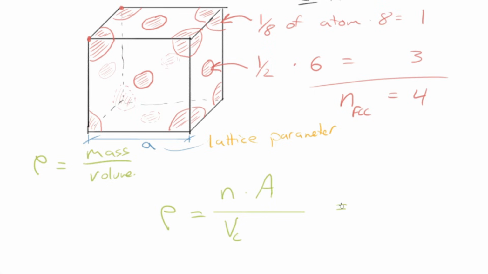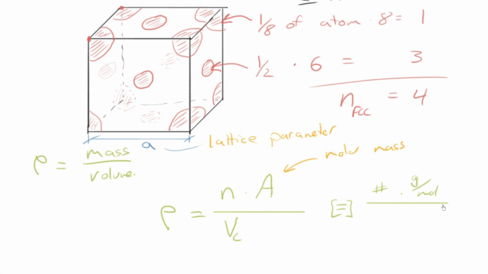Now, I just want to stop for a second here and look at the units that we've got so far. So we've got units of number, atomic weight, or molar mass from the periodic table has units of grams per mole.